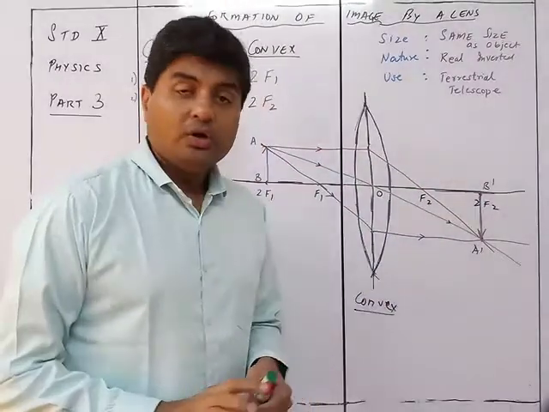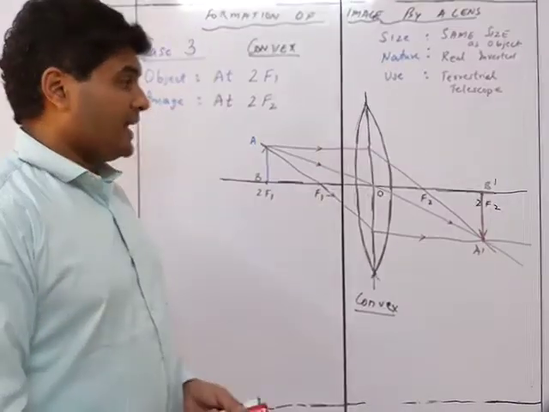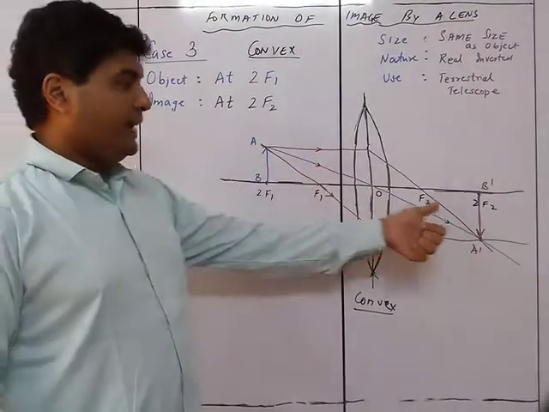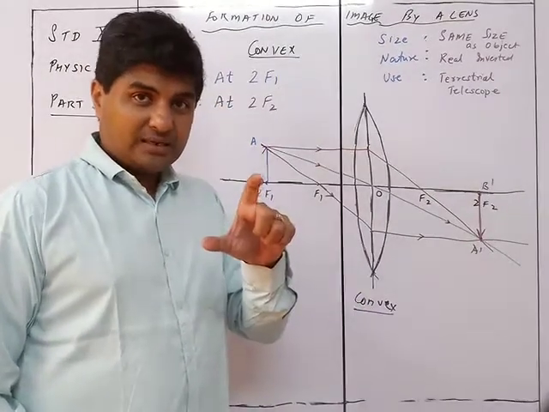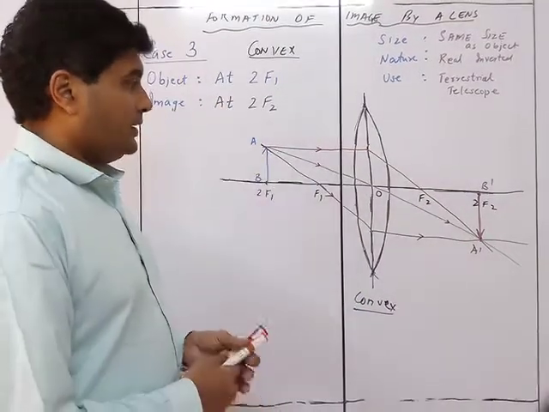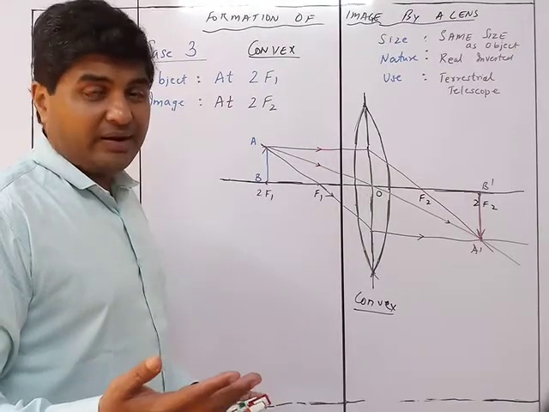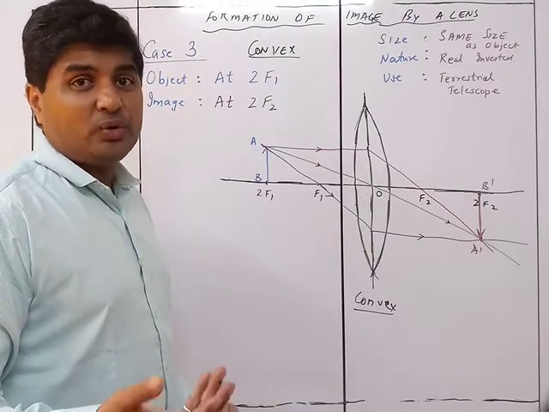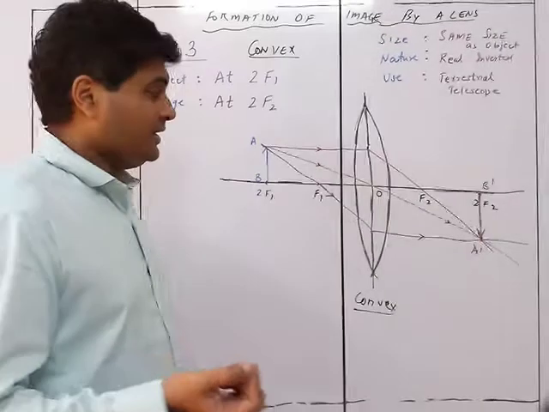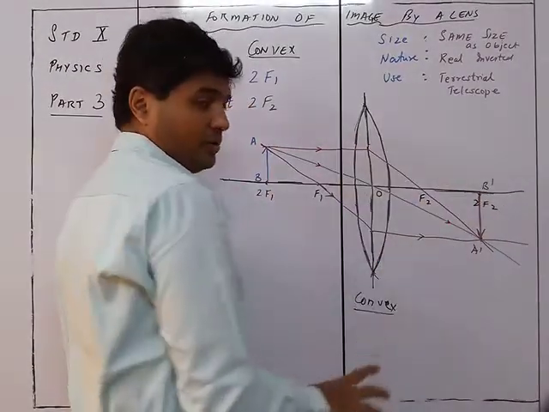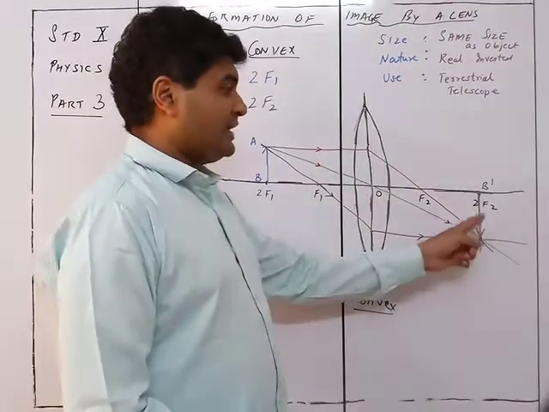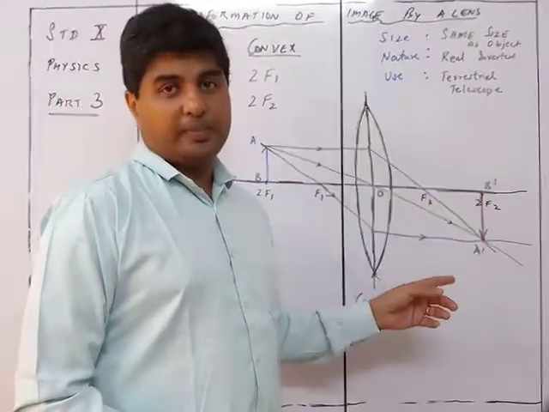So the object and the image both are of the same size. When it is asked in the examination, you can do a bit of cheating: draw the image first and then draw the lines, because if the intersection is not happening at 2F2, it will be a problem.